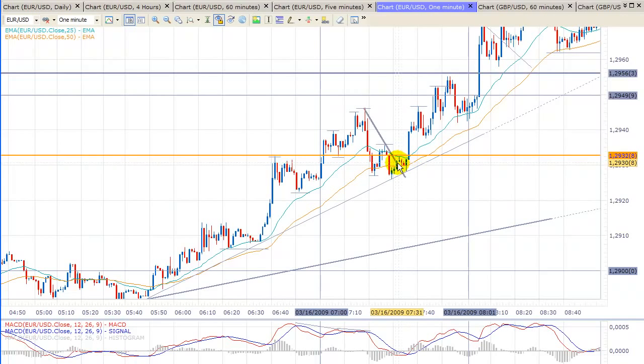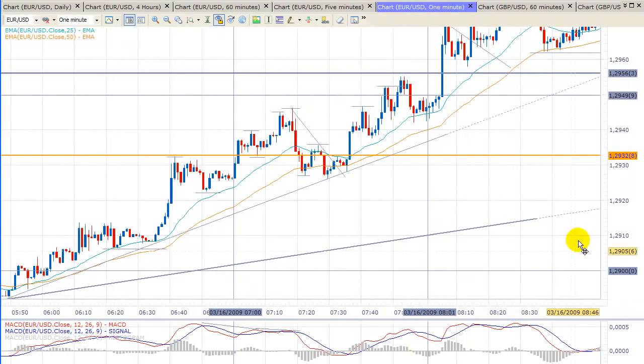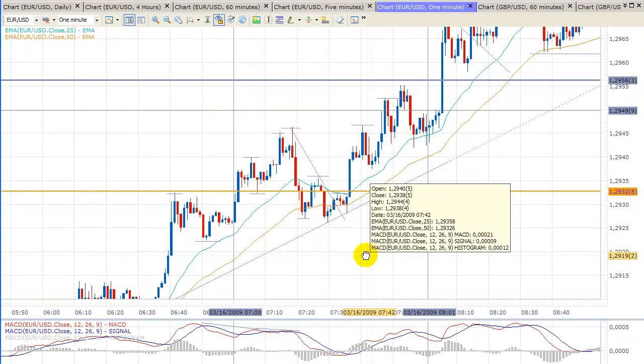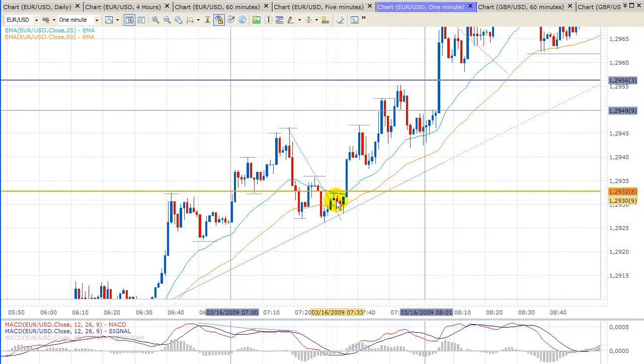Actually, I didn't enter just at the break of the trend line. I waited till the price reached this previous high over here. So it was like a filter for the position. The trend line breaks, but I wait for confirmation.